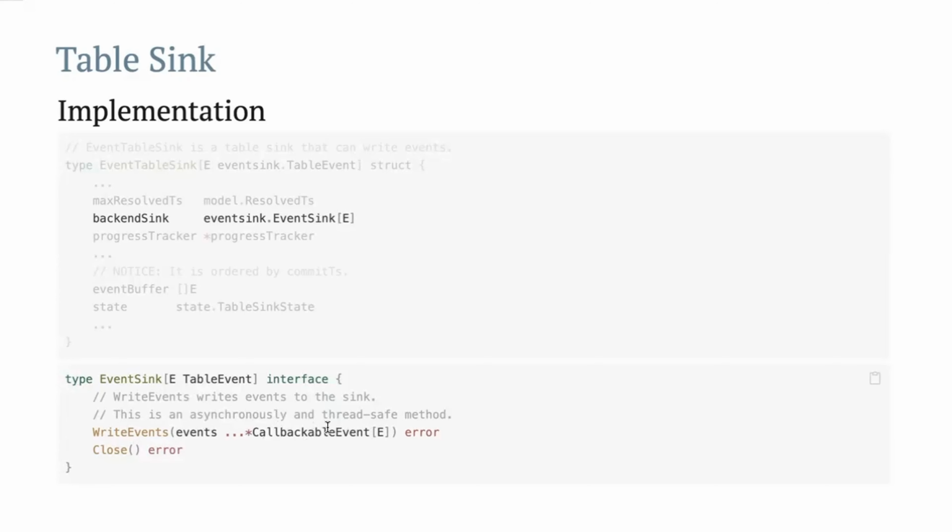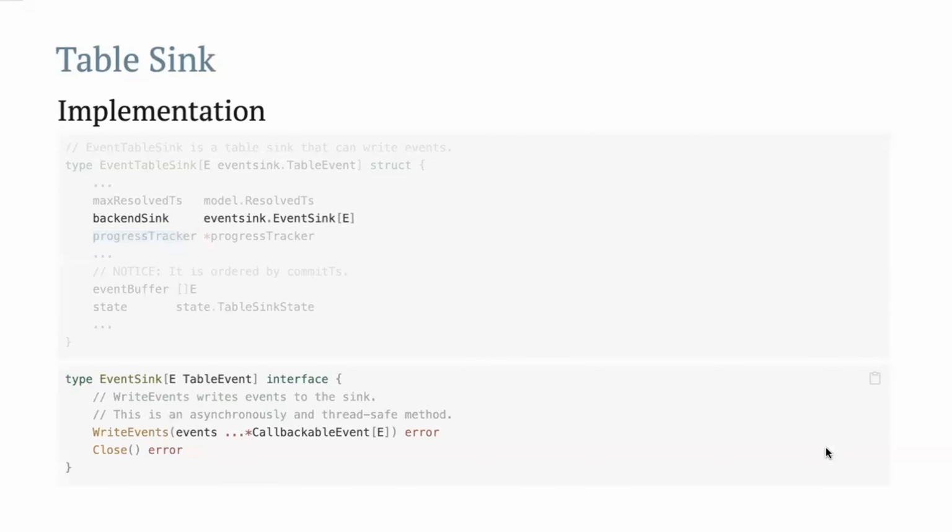Every time we couple a callback with a row event, so we can know when the event is already written to the TiCDC system. For example, after you send the SQL statement to the downstream and execute it successfully, then we can call the callback to tell the progress tracker this event is already written to the downstream. You can update some information from the progress tracker.